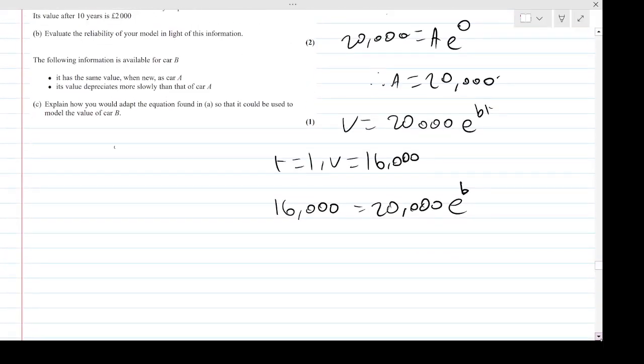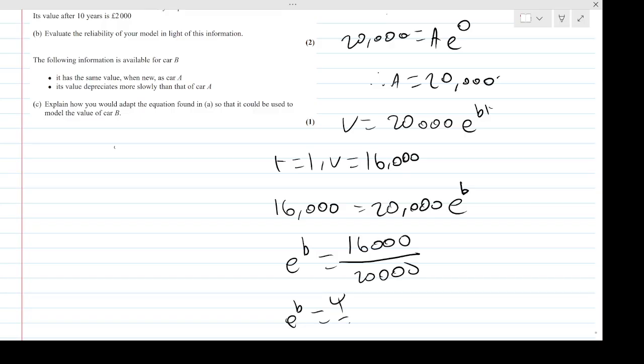We can simplify this by doing 16,000 divided by 20,000, because I'm going to solve for b, so I need b on its own. If I simplify that, I get e to the b is 4/5.